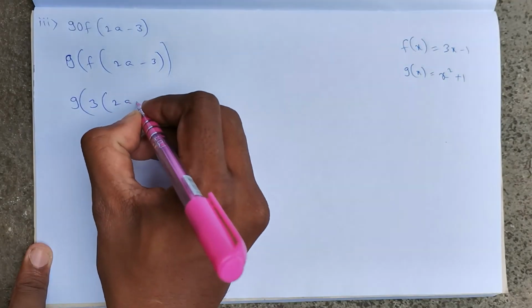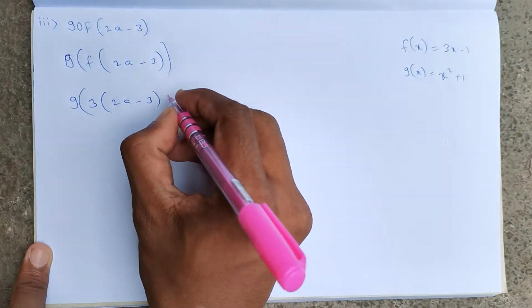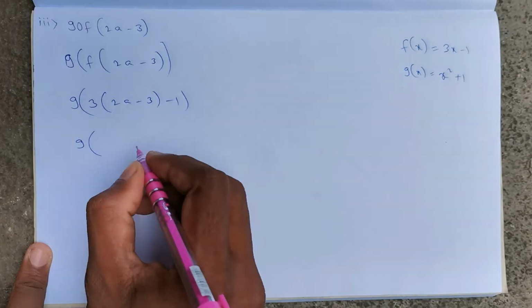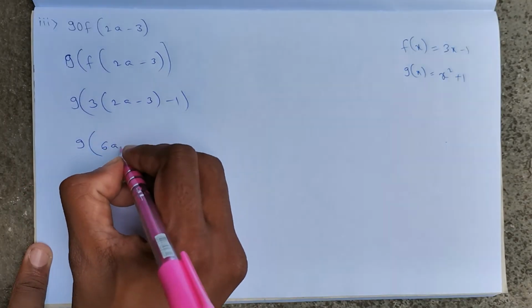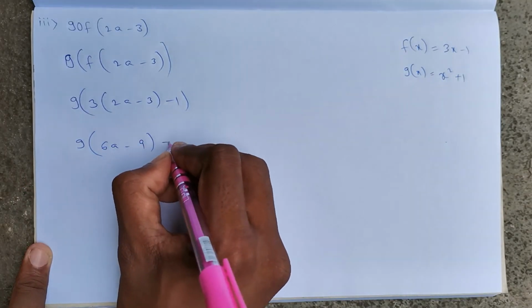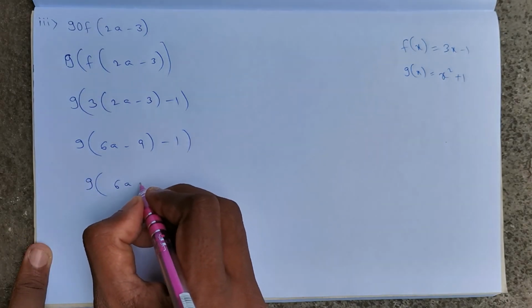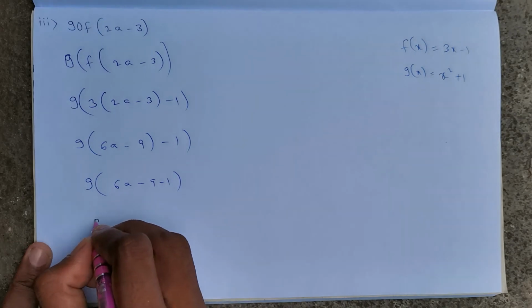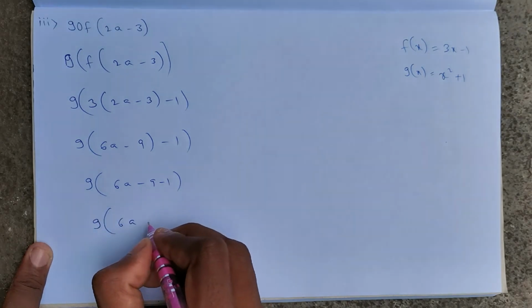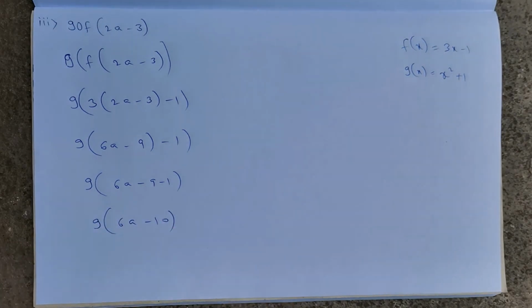So into 2a minus 3, here minus 1. So we get g of 3 into 2a, 6a minus 3 3s are 9 minus 1. So which is equals to g of 6a minus 9 minus 1, g of 6a minus 10.